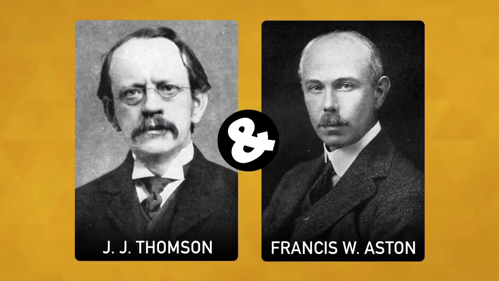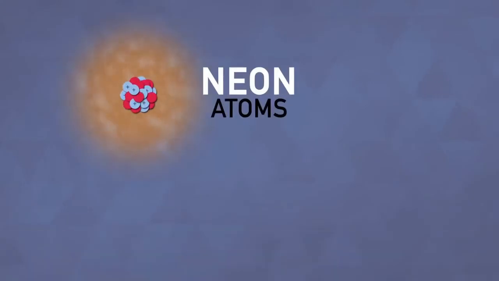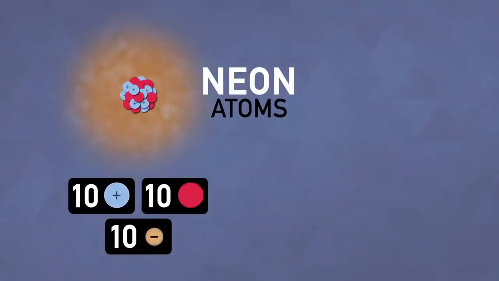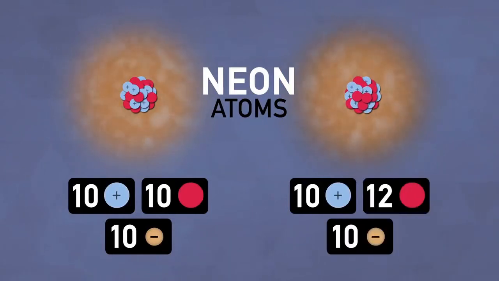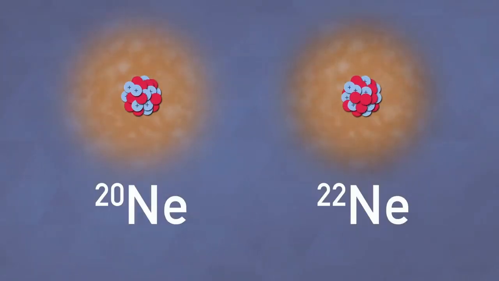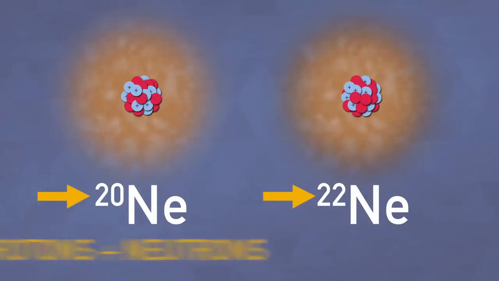Thomson and Aston investigated neon and found 2 isotopes, one with 10 protons, 10 electrons and 10 neutrons, the other with 10 protons, 10 electrons and 12 neutrons. These are the 2 isotopes, neon 20 and neon 22.